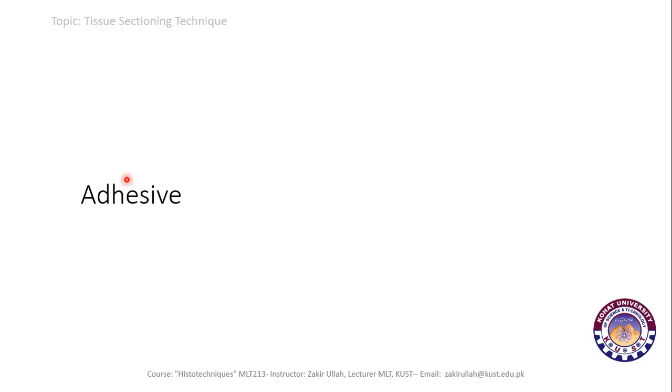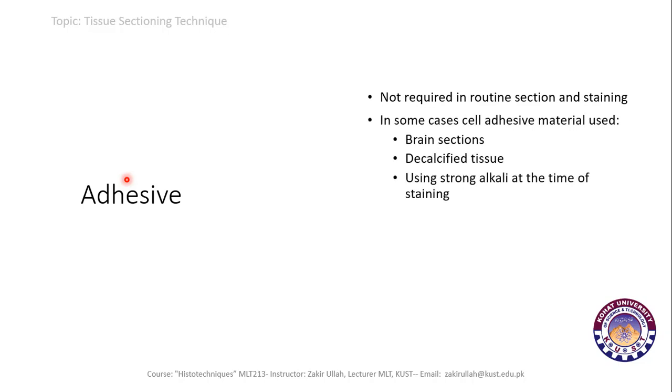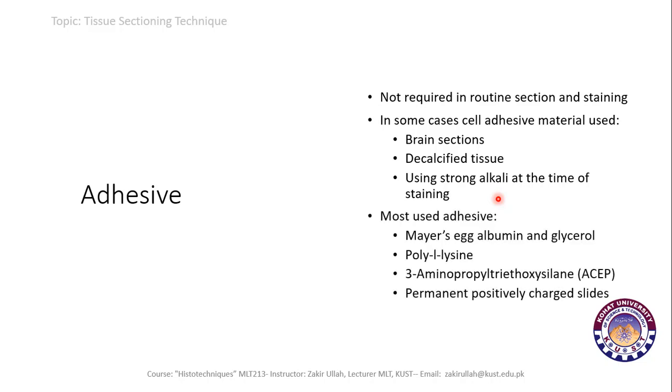Adhesives are not used in routine sectioning and routine staining, but some tissues need adhesive material for the tissue sectioning technique. For example, brain sections, decalcified bones, or sections for which we use strong alkali at the time of staining.